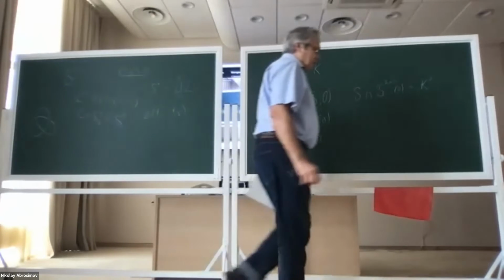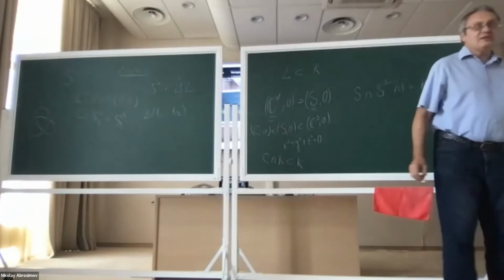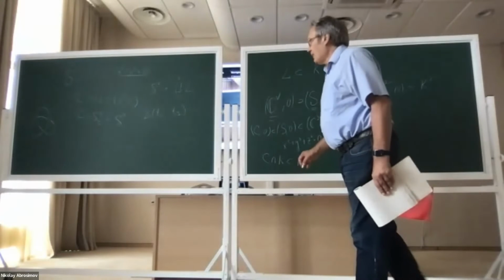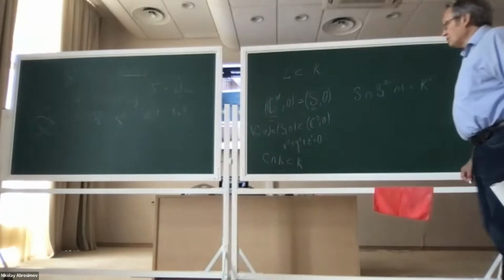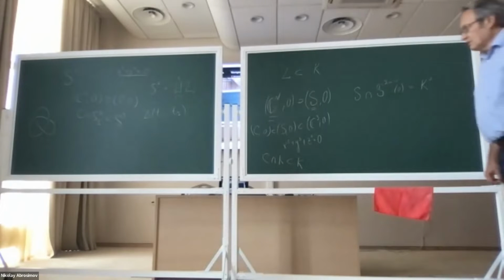So the question which I want to discuss first is to what extent the Alexander polynomial determines the topology of this link.